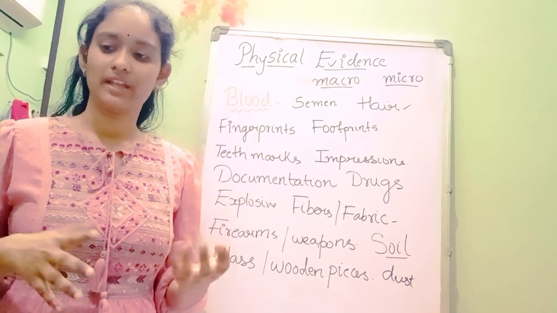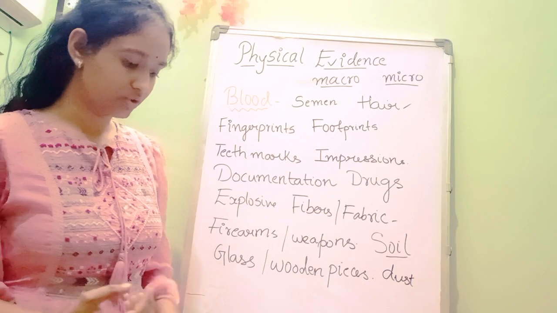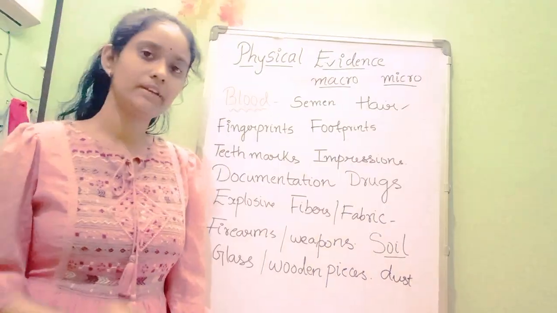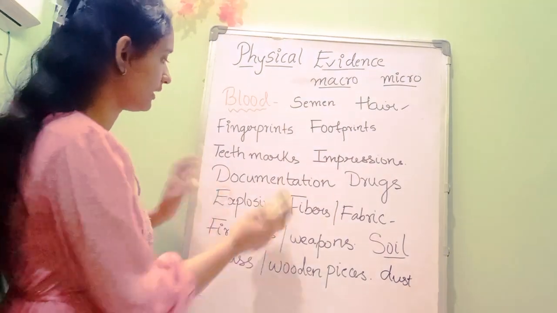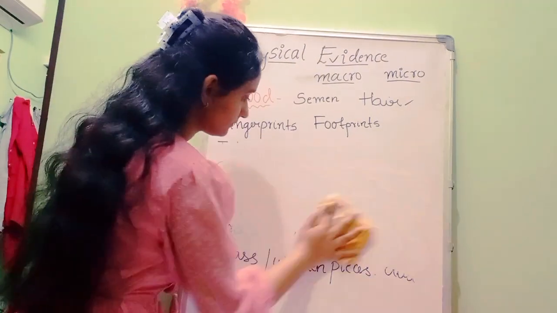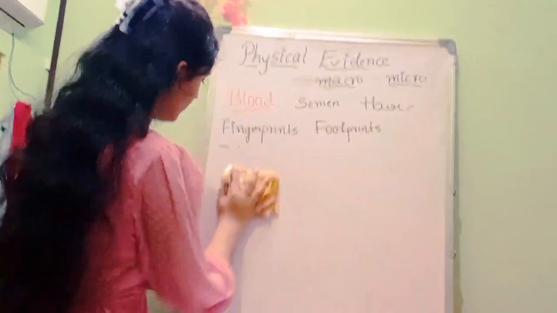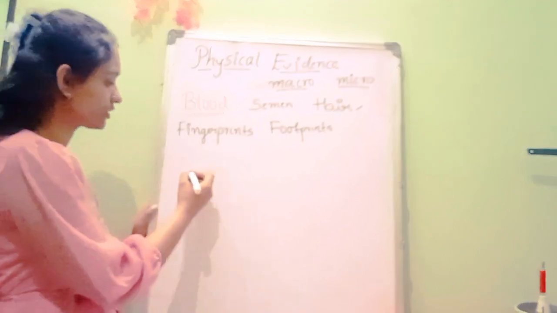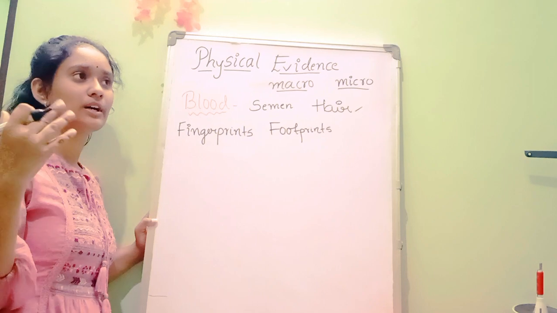Okay, for example, if you take a blood sample, let me explain with a small thing. I can write here. If you take blood as an example, you have different types of blood splatters.